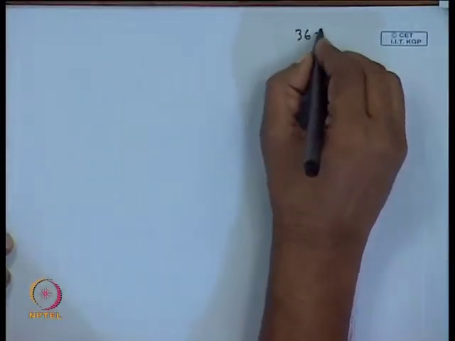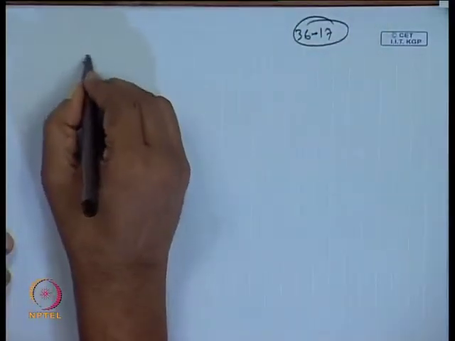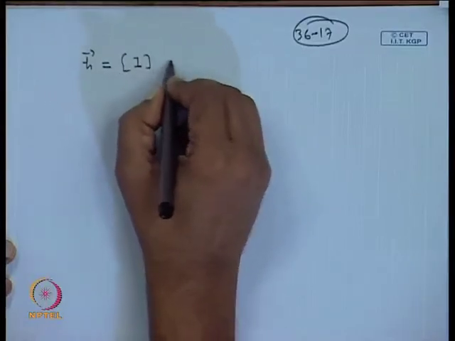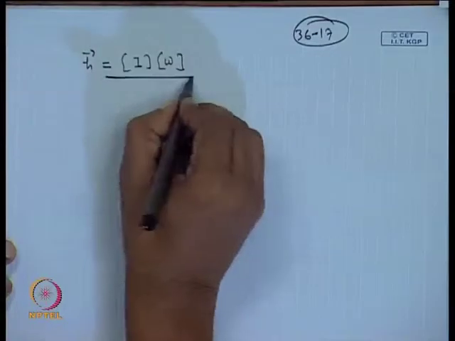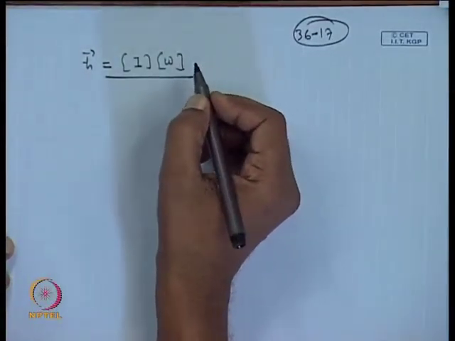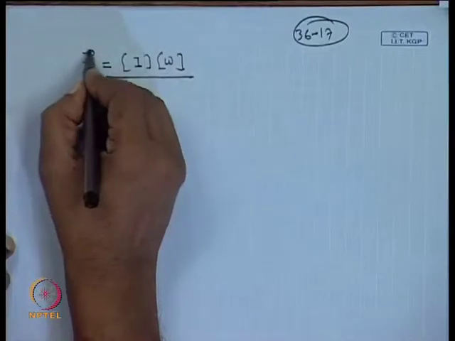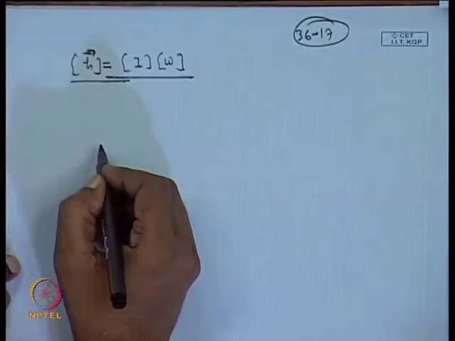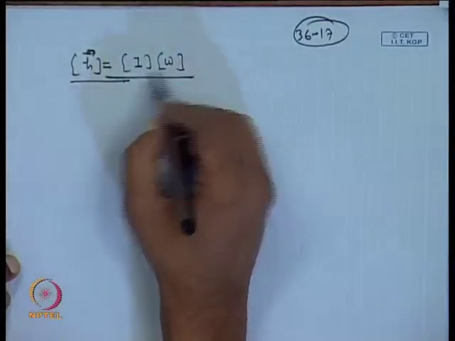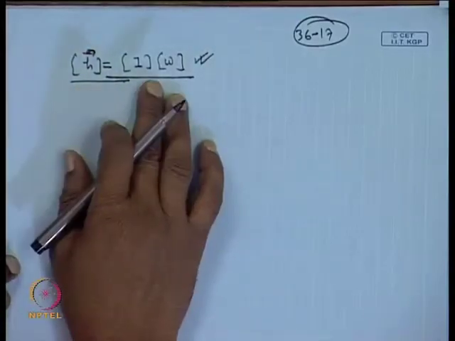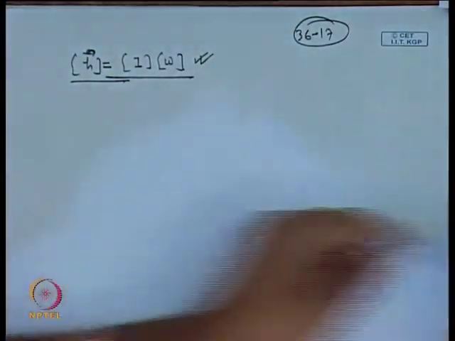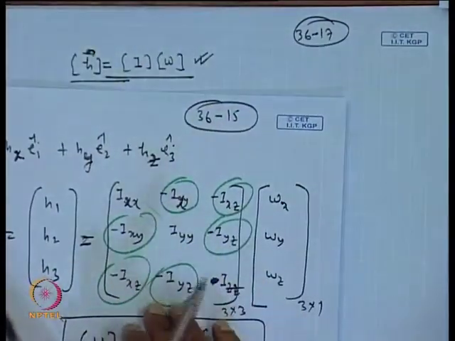So, here in general we write this as H, we are writing as the I matrix times omega.